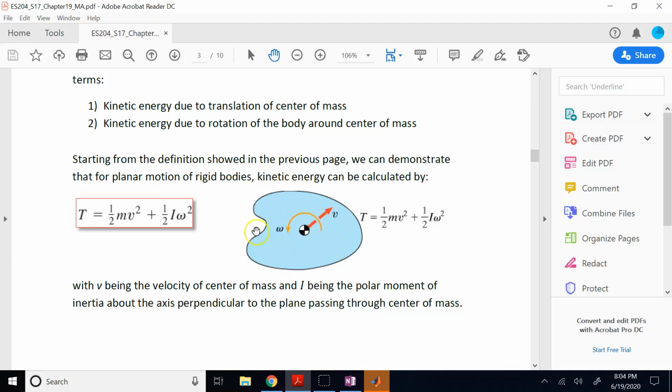And then this object also rotates, then the kinetic energy is two terms: the rotational kinetic energy and the translational kinetic energy. For a particle, since there is no rotation, the second term is basically gone. But for a rigid body, not necessarily.